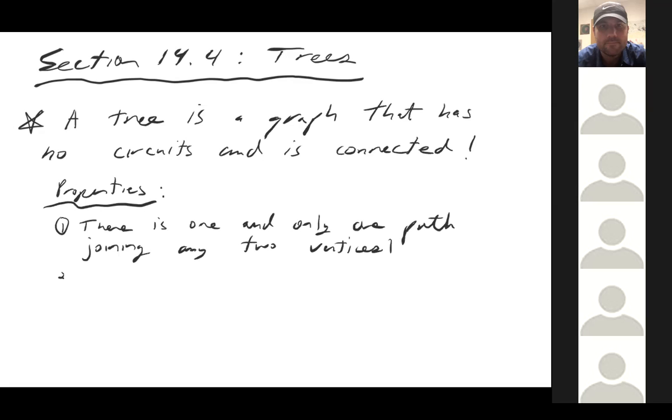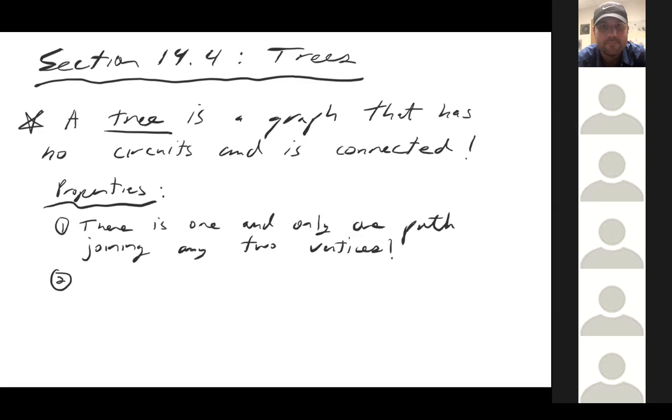That's pretty self-explanatory. It means that if my graph, which is a tree, is drawn, and I wanted to join, say, A and E with a path, there would only be one way to get there. There couldn't be two different paths.